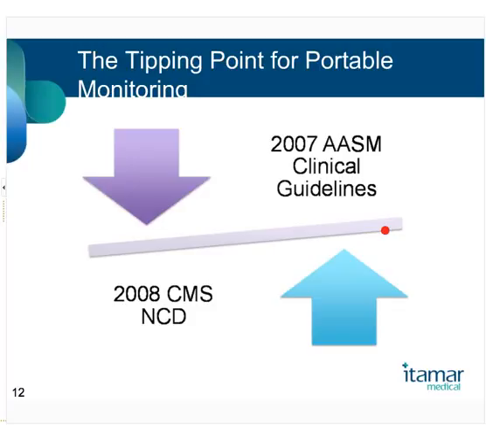So the tipping point in this slide is around 2008 when CMS had agreed to allow this to happen, and they put out what's called a National Coverage Determination, or NCD.